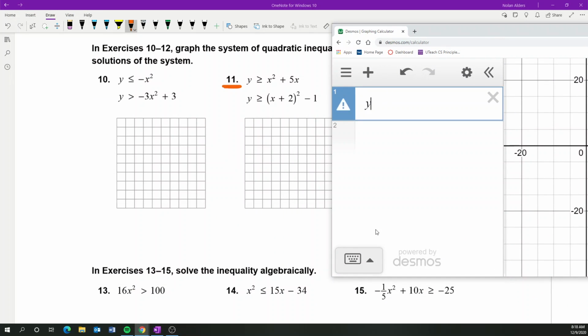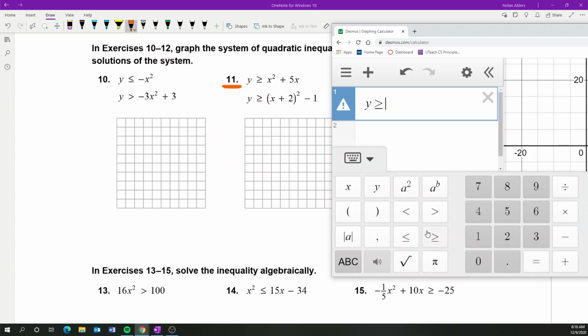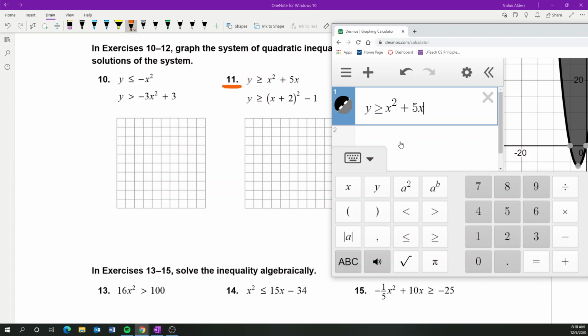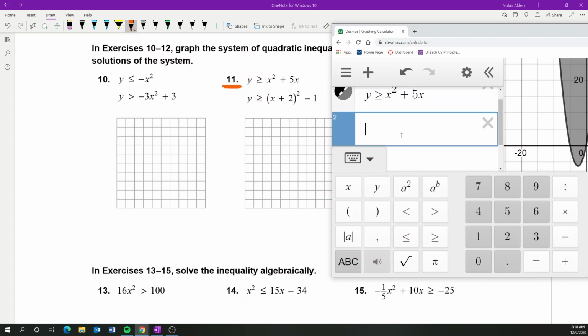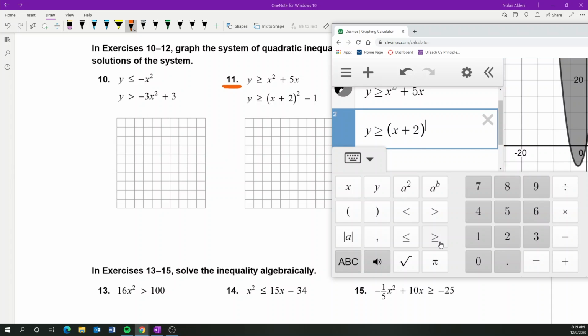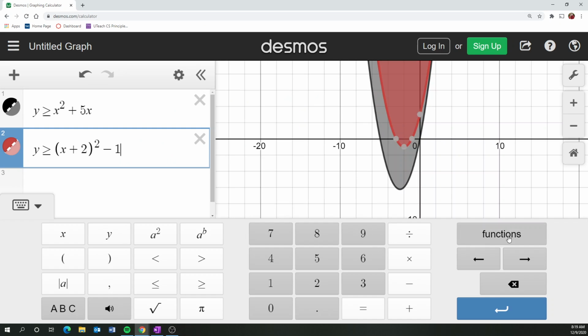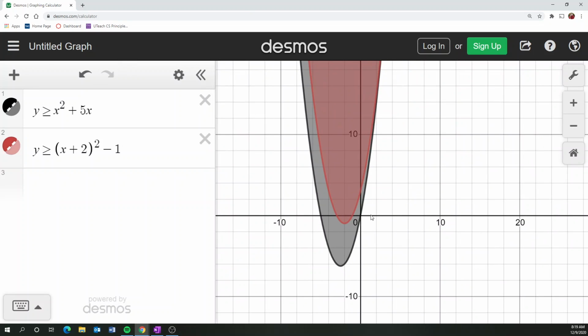So y greater than or equal to x squared plus 5x. And then our other one, we'll type into the second box, y greater than or equal to x plus 2 squared minus 1.